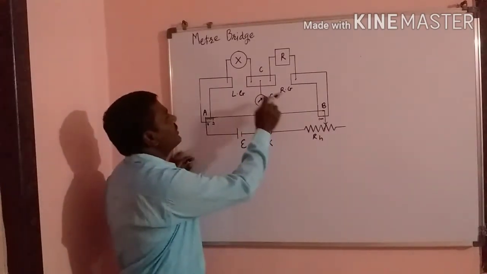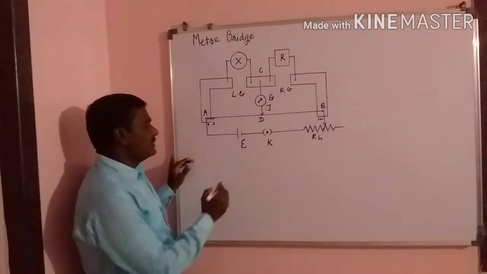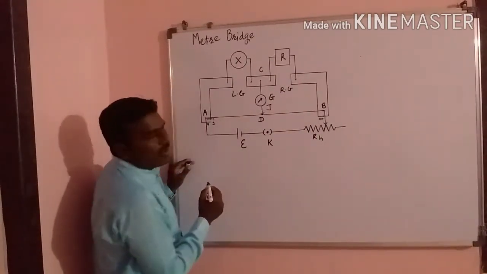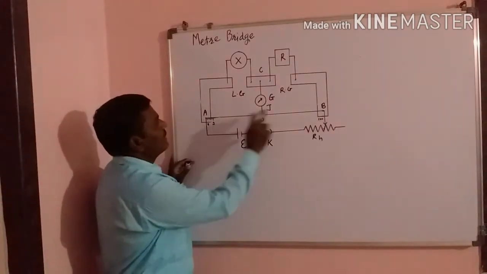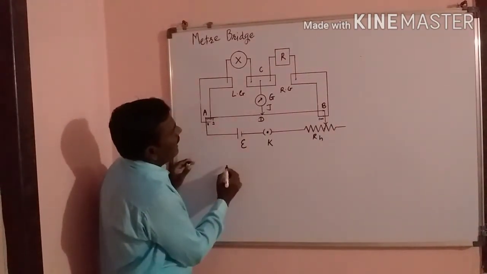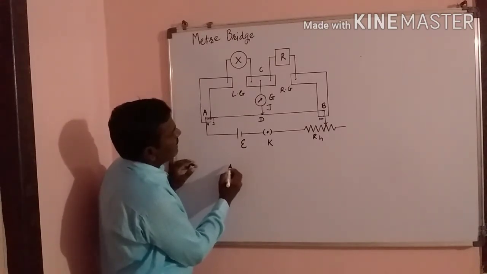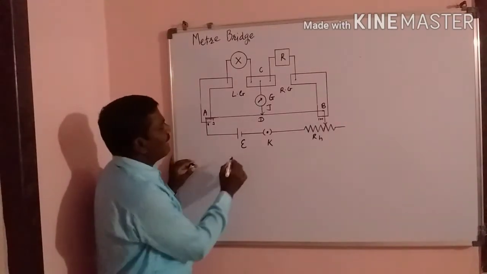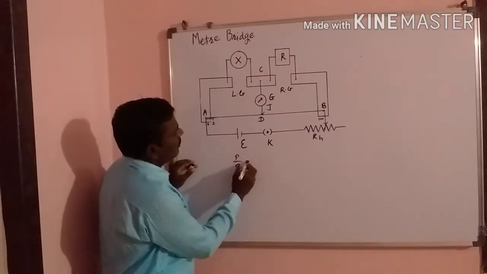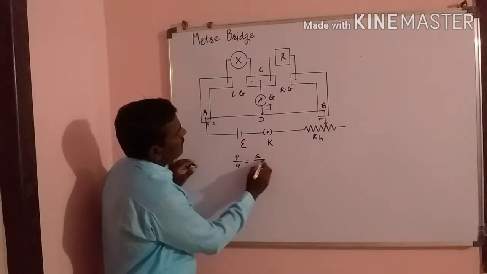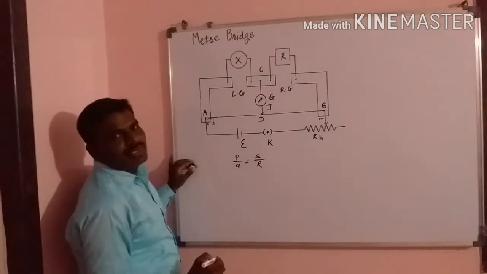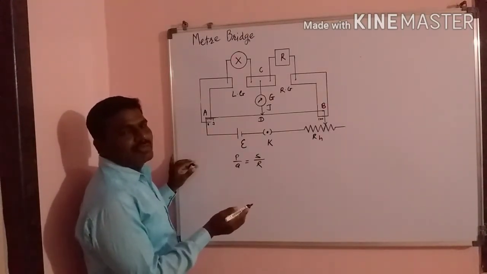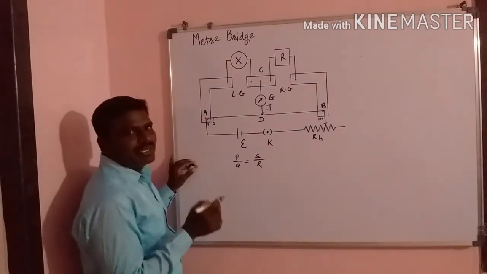At that time, at the galvanometer there is a null deflection, or null point, on the uniform cross section wire AB. In that condition we know the Wheatstone bridge condition, P upon Q is equal to S upon R. This is the balance condition, which comes when there is null deflection in the galvanometer.